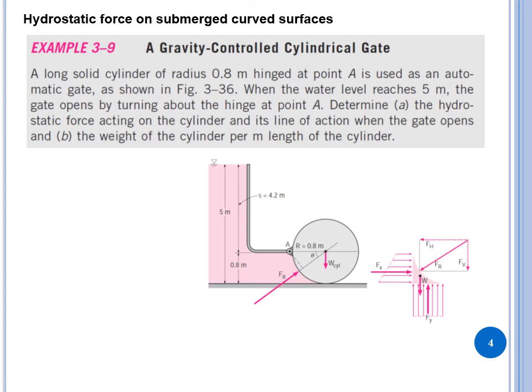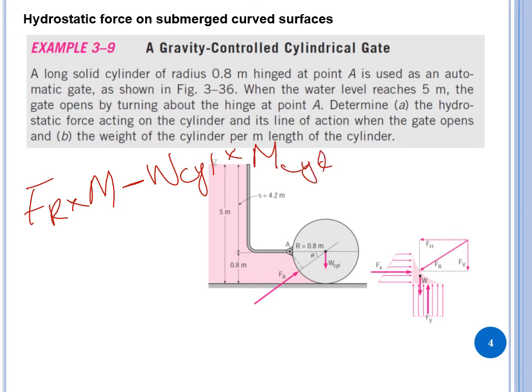So for the moment which is exerted by Fr, it is going to be Fr times moment arm. So I just say this moment arm minus weight of the cylinder, which is basically the force, times moment arm. I say moment arm of the cylinder. It should be equal to 0.